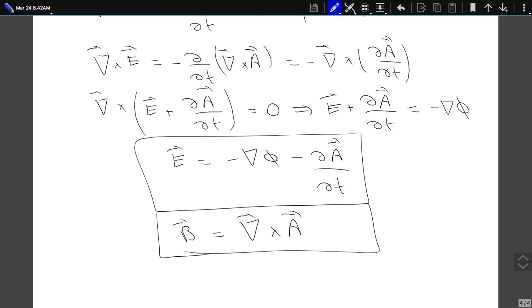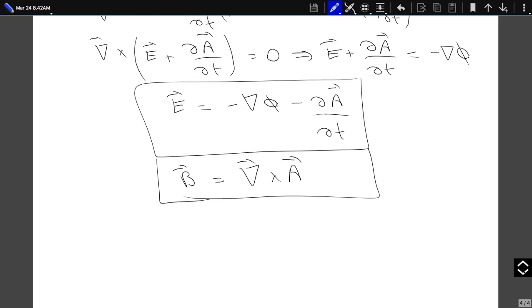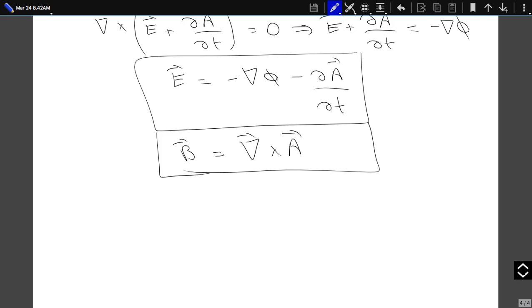That is the advantage of defining these potentials. The moment we write the electric field in this form and the magnetic field in that form, those two equations are solved. So there are only two more equations we need to solve. Now let's see what those two remaining equations imply for the phi and the A field. We will be working in vacuum for this problem.